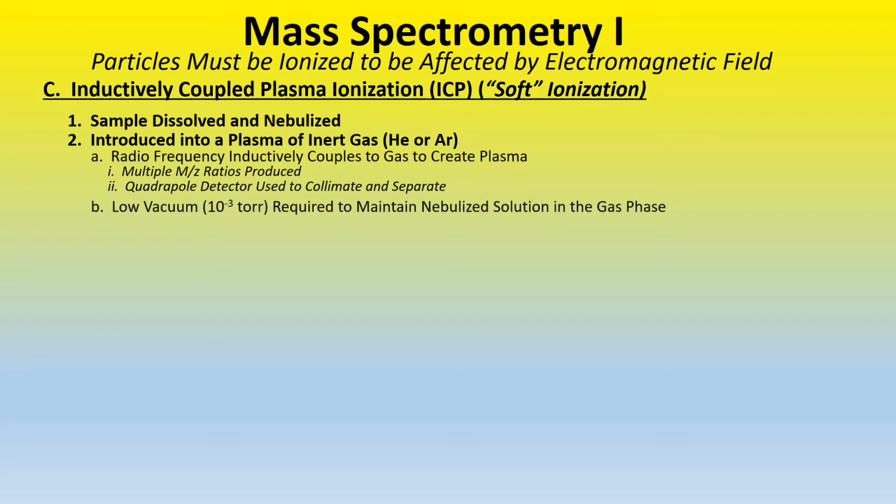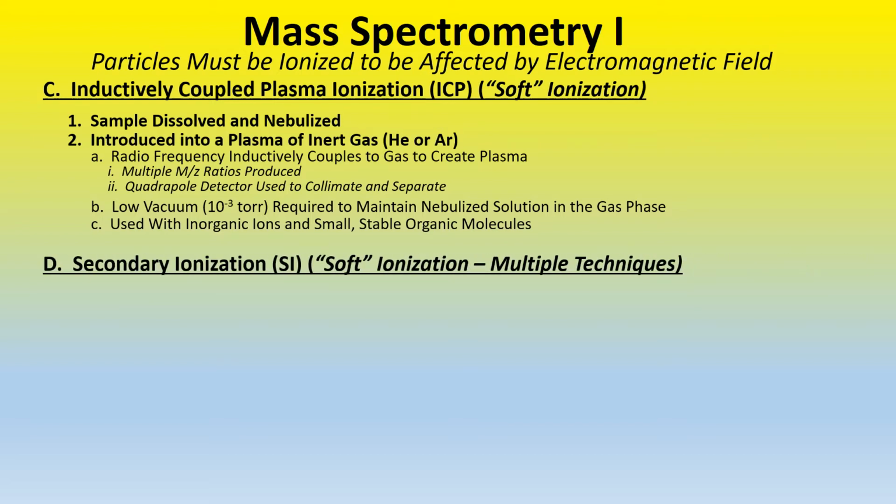An advantage of this is that you need a moderate vacuum, a mechanical pump at 10 to the minus 3 torr, simply to maintain the nebulized sample and keep it in the atomized state for it to reach the detector. Inductively coupled plasma ionization is used extensively with inorganic ions and small, stable organic molecules, essentially for pollution detection.